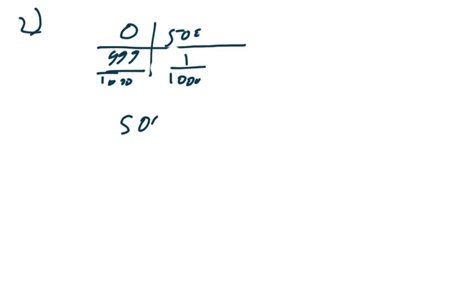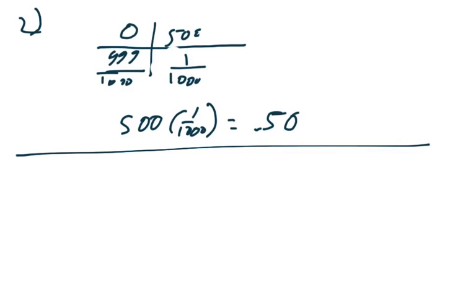So 500 times 1 over 1,000 gives me the mean, which is 50 cents. So every time I play this game, I should get back 50 cents. Probably cost some money to play it, but we're not going to worry about that right now.